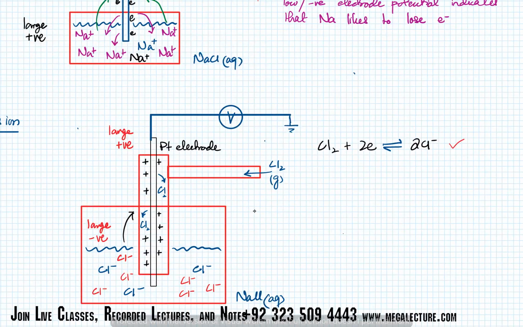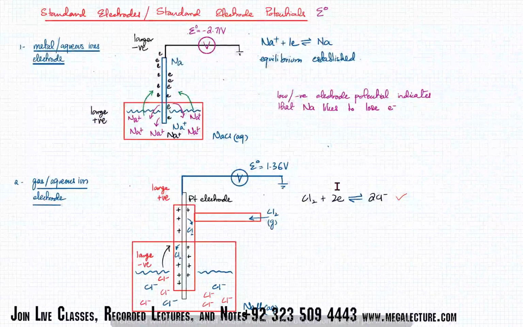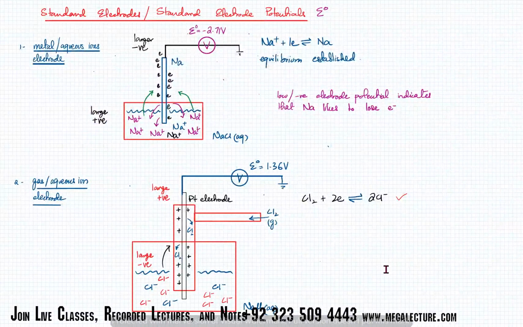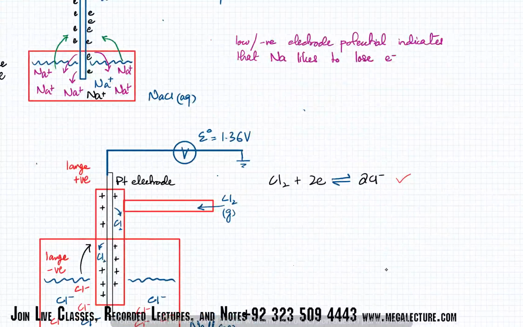That's your standard electrode potential, and it will have a value of 1.36 volts. Okay, that's already been measured. The positive potential indicates that it likes to gain electrons. So a higher or positive potential.